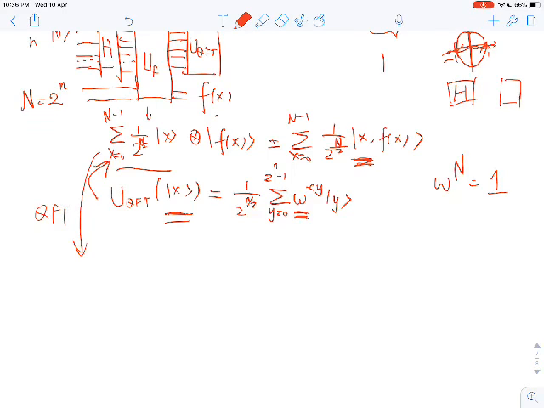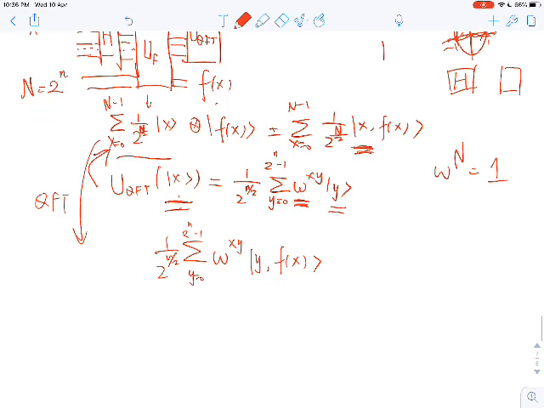For x, we get a new y, and we write it like this: 1 over 2 to the n over 2, sum over y from 0 to 2 to the n minus 1, omega to the power xy, y, f(x). Right? For a single x, we get this part, and we take this in, and we get sum over x from 0 to 2 to the n minus 1, and we got 2 to the n over 2.